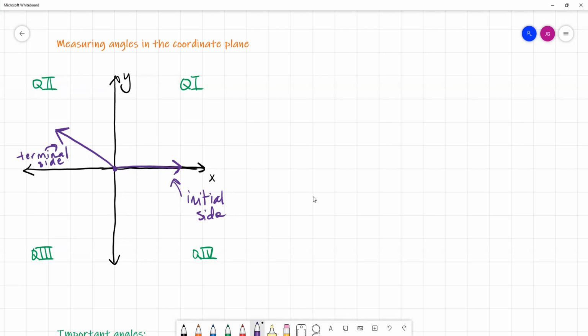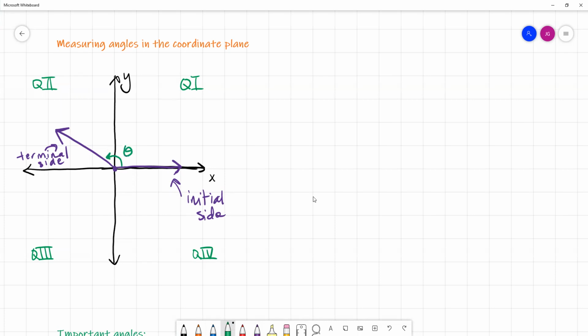I need to indicate which direction my terminal side went, because in the coordinate plane, I can measure in the positive direction, and I can also now measure in the negative direction, okay? If I go in a counterclockwise direction, going against the clock, in this case this direction, then that's going to be a positive angle. I'm going to do that in a different color. It's going to be a positive angle.